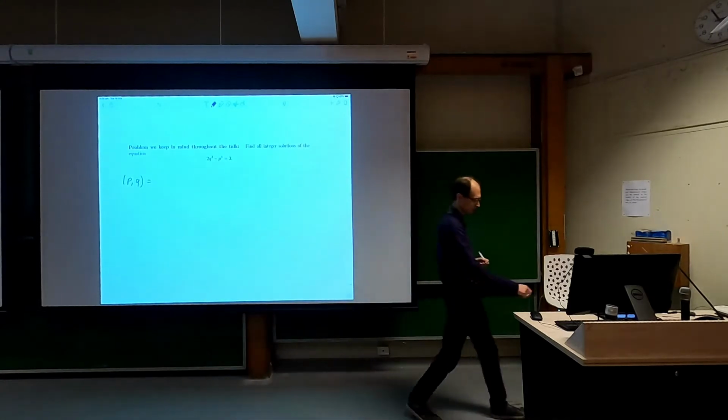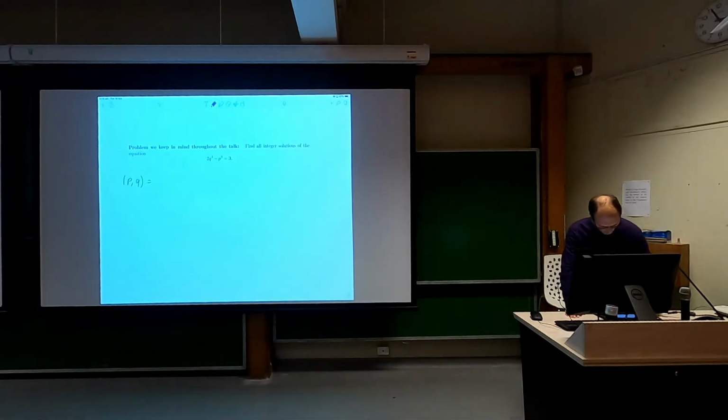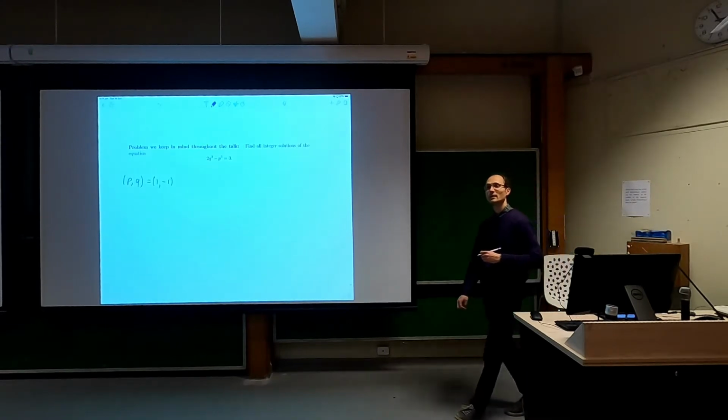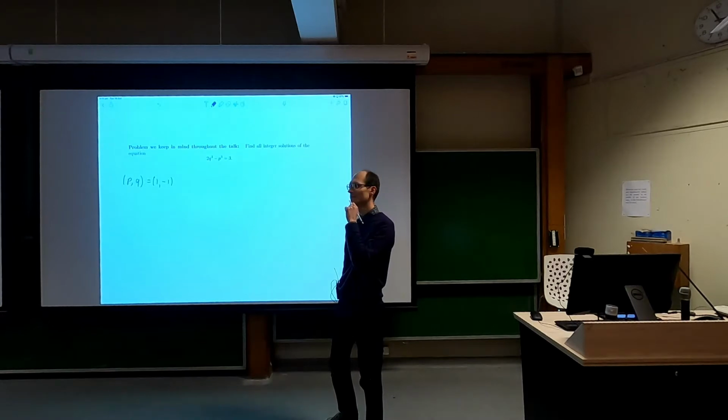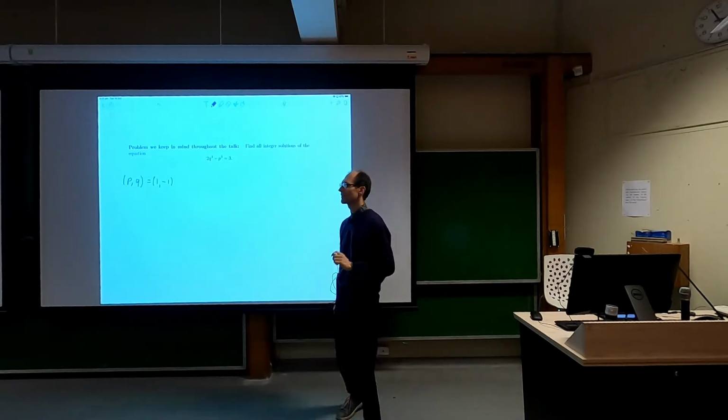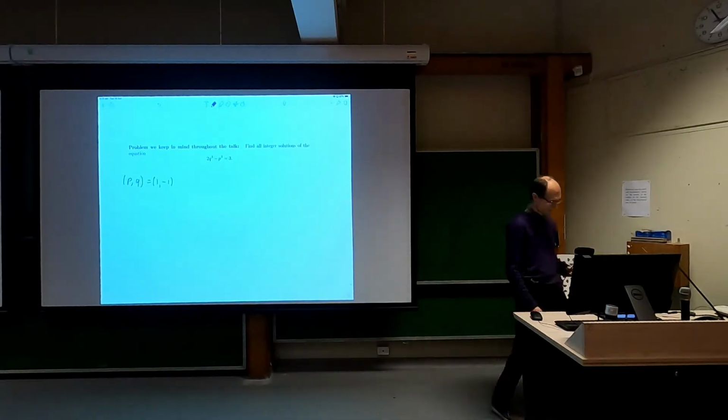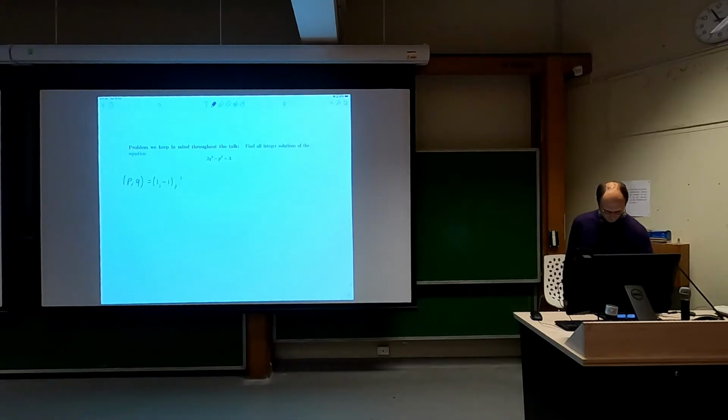Yeah, that's 1, right? 1 minus 1. Can anyone find anything else? You don't need to look too far, right? They're not big, right? So it's one solution, not too big.